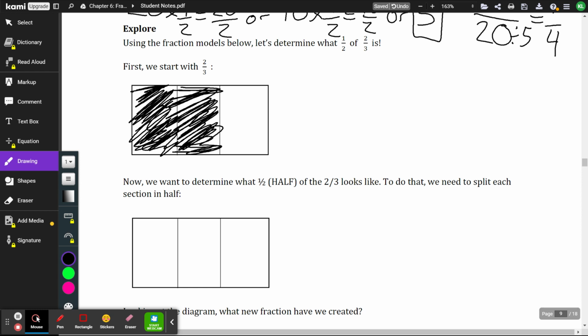Now I want to determine what 1/2 of 2/3 looks like, but right now I can't divide the 2/3 by themselves. So in order to split this in half evenly, I need to make it smaller. So we need to split each section in half.